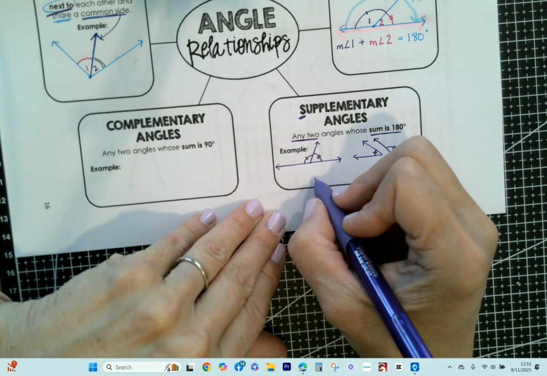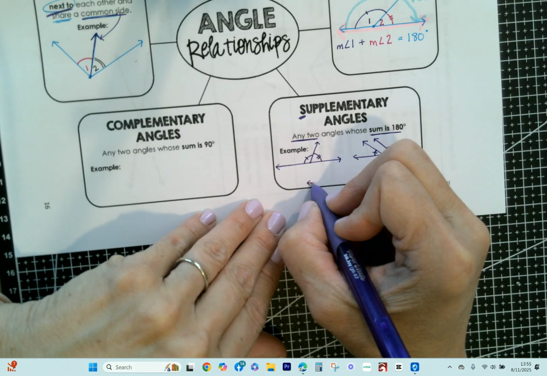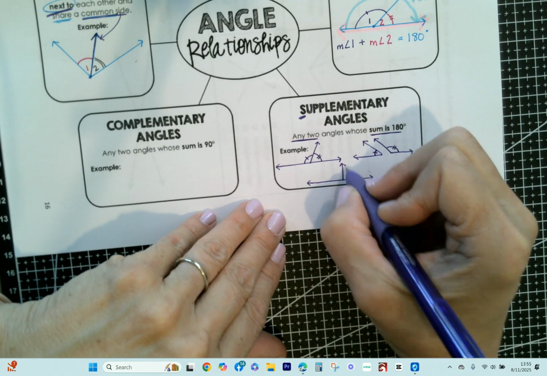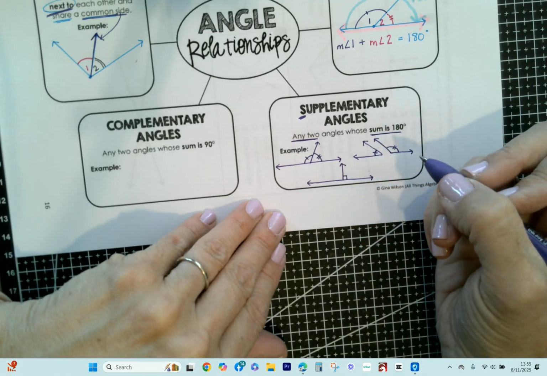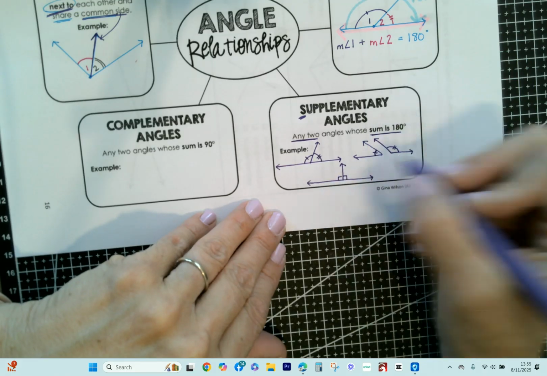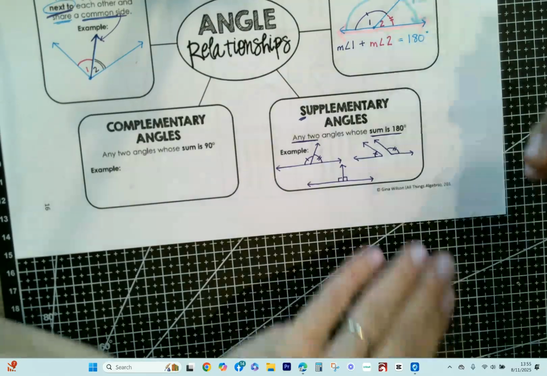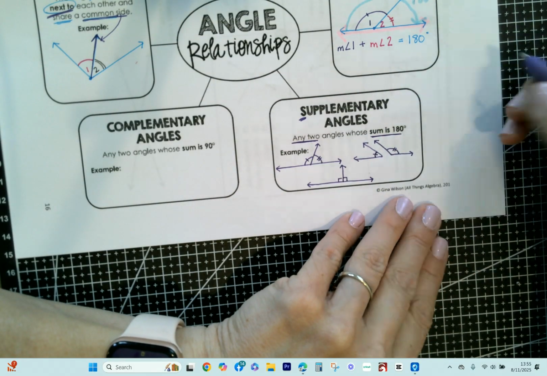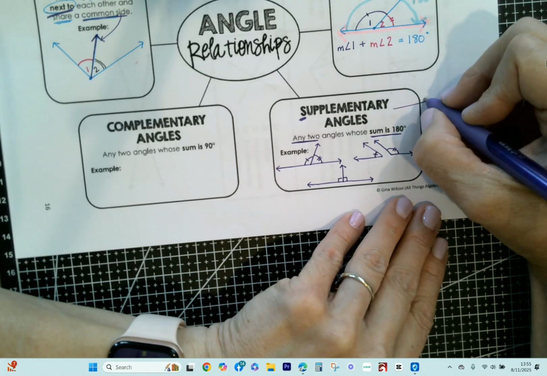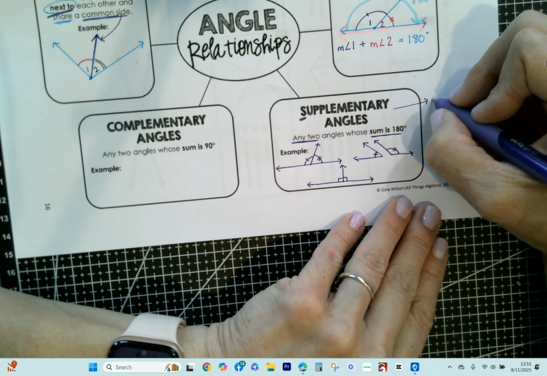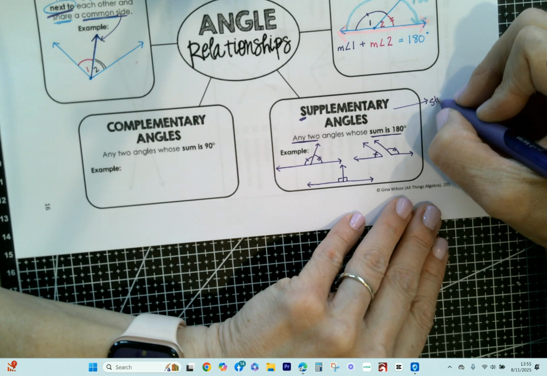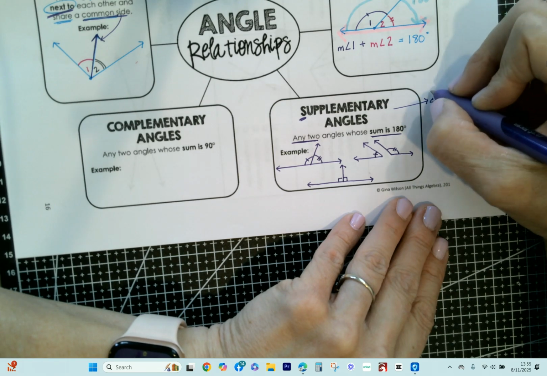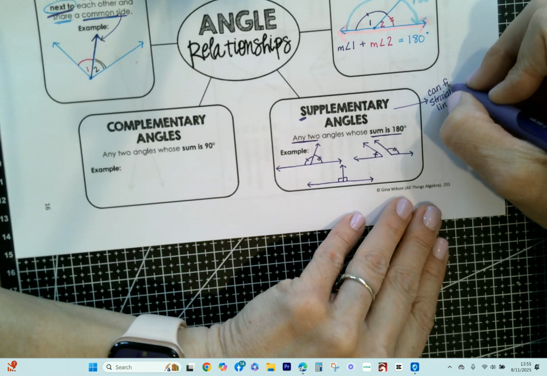You can also have maybe one that looks like this, where it's straight up and down and you've got that right angle there. And so this is a straight line. Supplementary angles, if you were to place them side by side, can form a straight line.